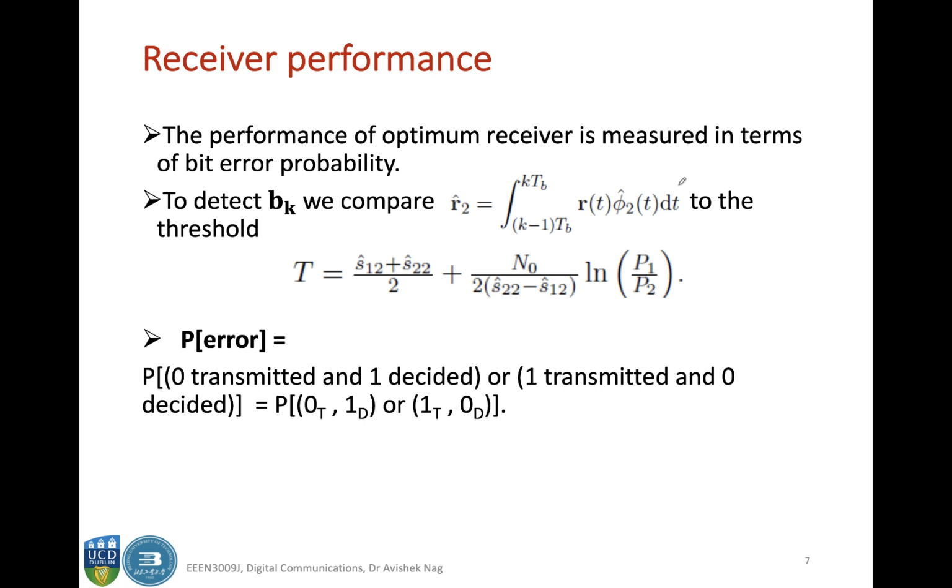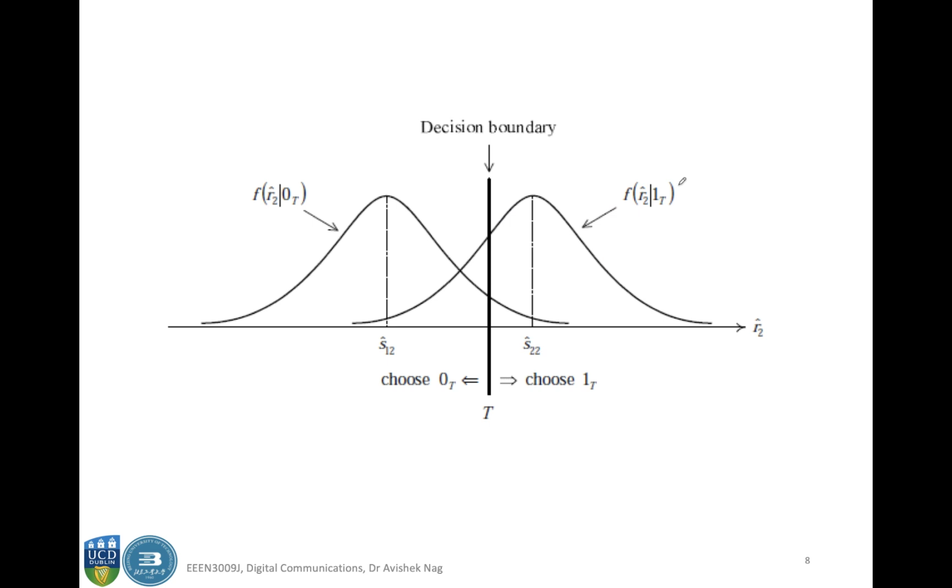So from now onwards, we will use this concept. We will analyze the receiver performance by assuming that the signal set is represented in such a way that we only have one matched filter. Okay, and we will see how the probability of error can be calculated from that. So let's move on with this philosophy.